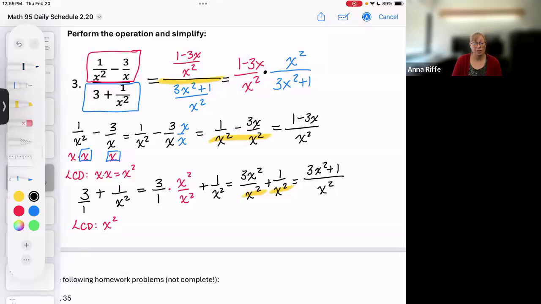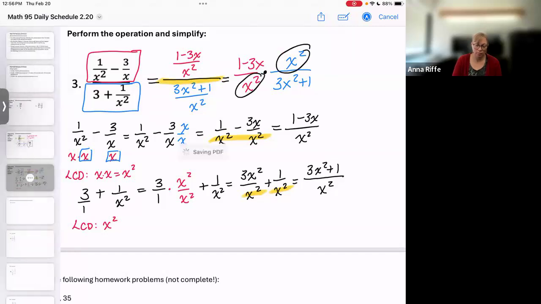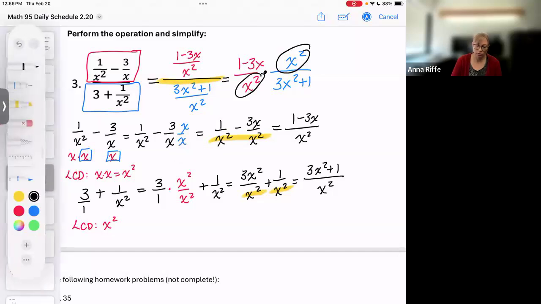I'm going to try to simplify before I actually do that multiplication. It looks like I cannot factor my top or bottom of either fraction, but I can note that I have a common factor. I have an x squared that's being multiplied by the top and the bottom of both fractions.